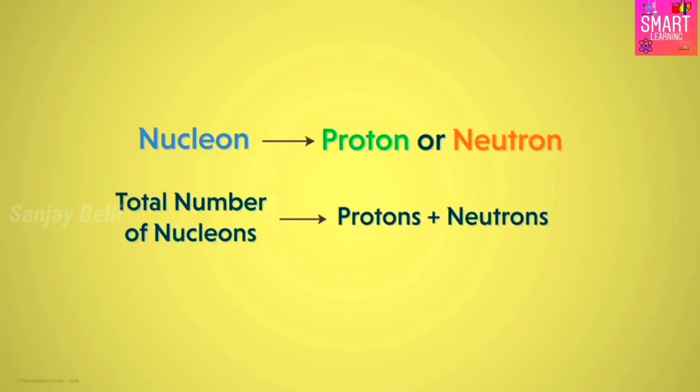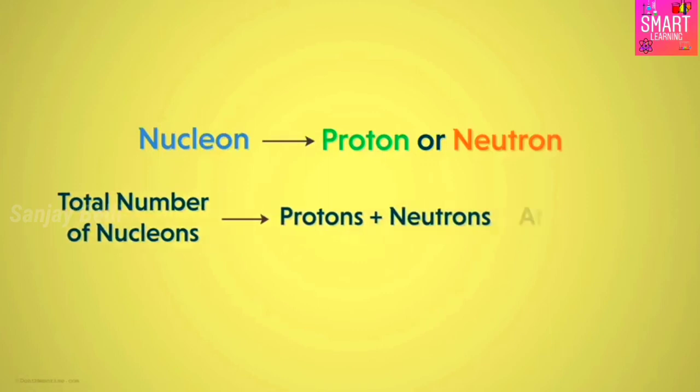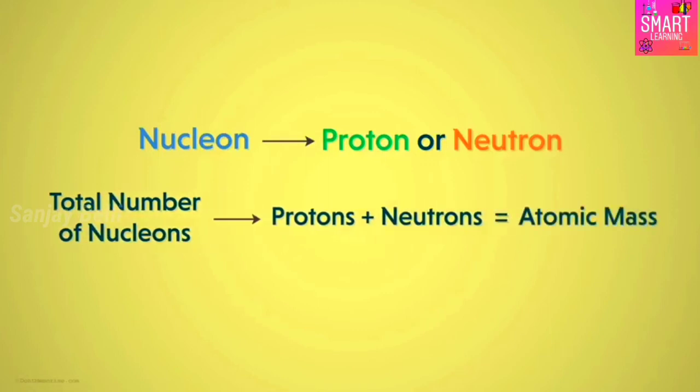We can also say that the total number of nucleons in an atom is its atomic mass. Yes, understand this well. The total number of nucleons, which is nothing but the sum of protons and neutrons, is the same as the atomic mass of the atom.